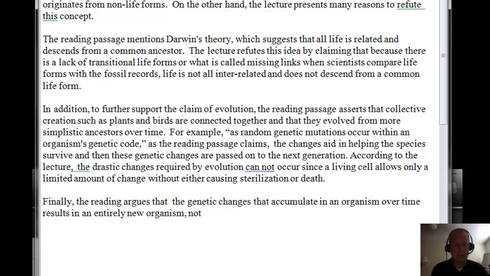Maybe not just a different variation of the original. And I think that's kind of what we have to find. We have to find something in the lecture that kind of refutes that idea.